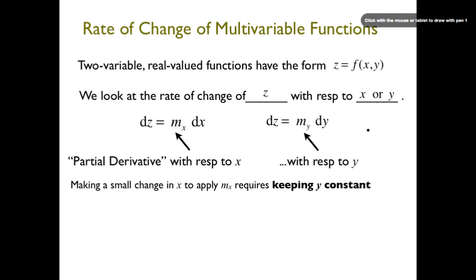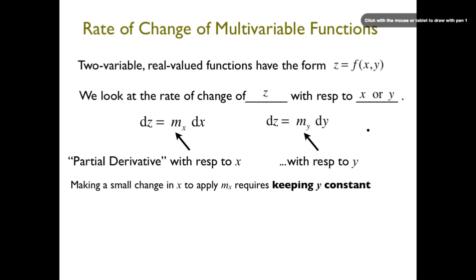Right? Because if you let x change a little bit and y change a little bit, well then it's hard to keep track of where that change in z is coming from, right? So we want to hold y constant, and now we want to let x change a little bit, and then the partial derivative tells us how much z changes for that change in x.